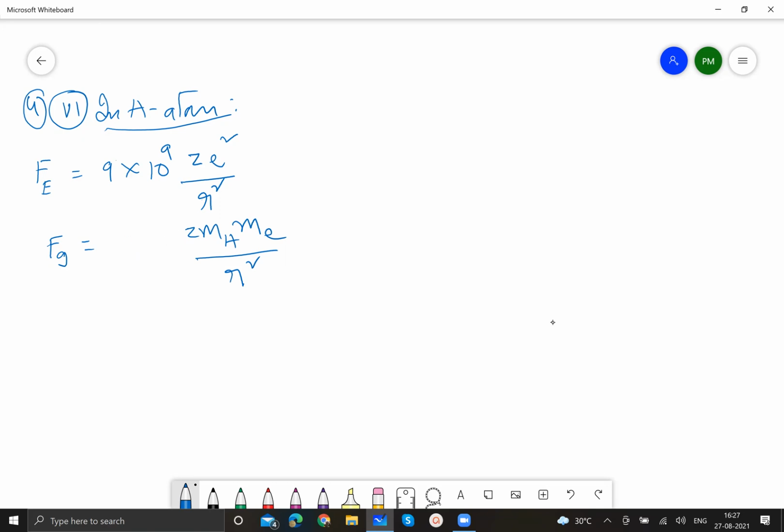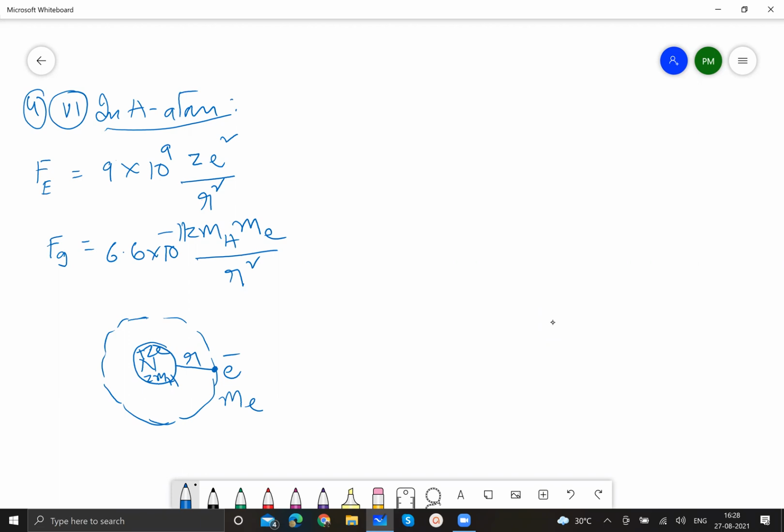Yes, 6.67 into 10 to the power of minus 11. So this is a nucleus with Z protons. Here is the electron. The mass of nucleus is Z mH and mass of electron is Me. R is the radius. Charge on the nucleus is plus Ze.